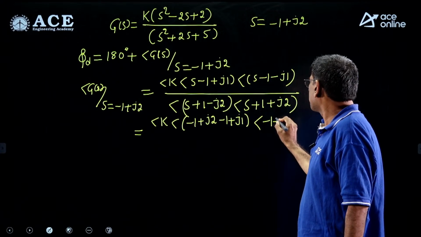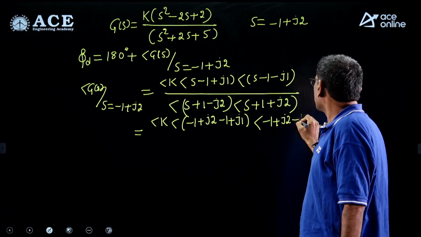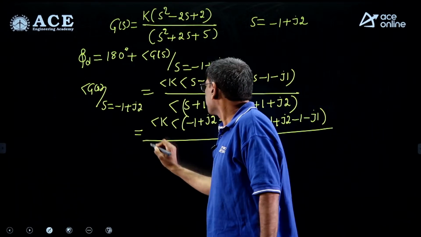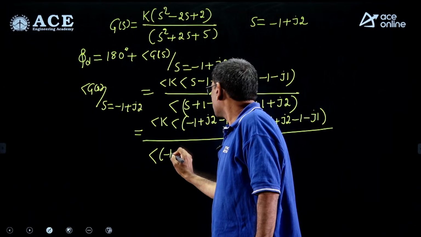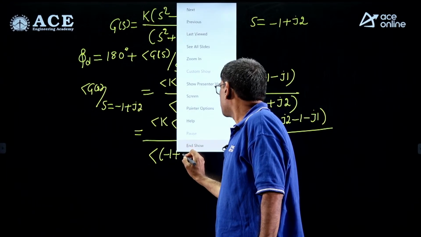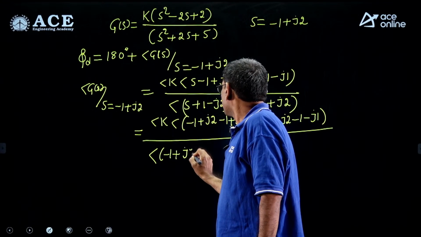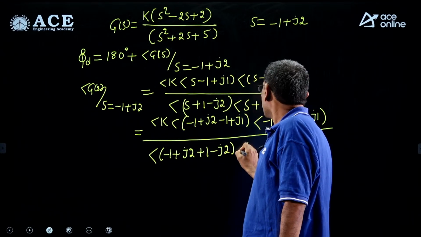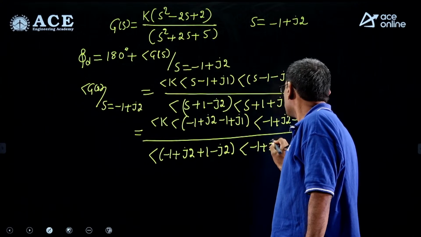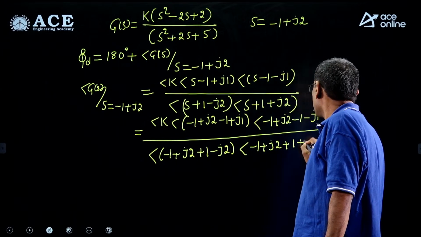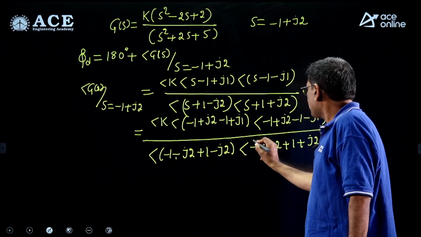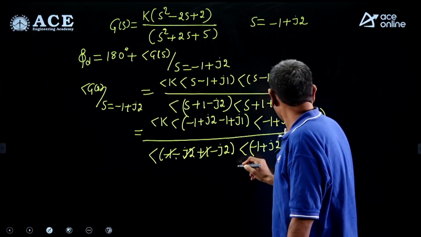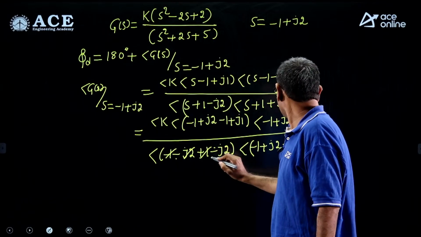So -1 plus J2 -1 minus J1 divided by angle of -1 plus J2 plus 1 minus J2, angle of -1 plus J2 plus 1 plus J2. So find the angles here.